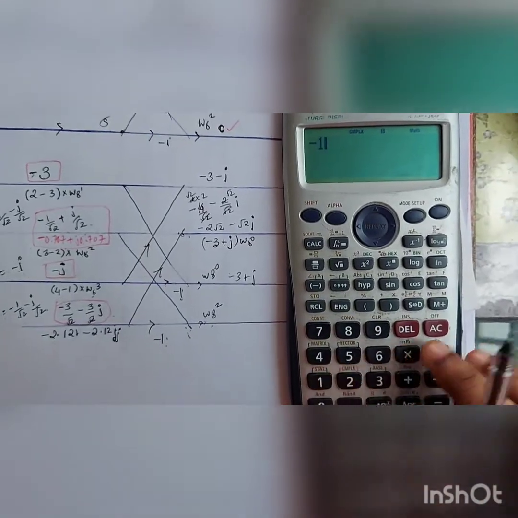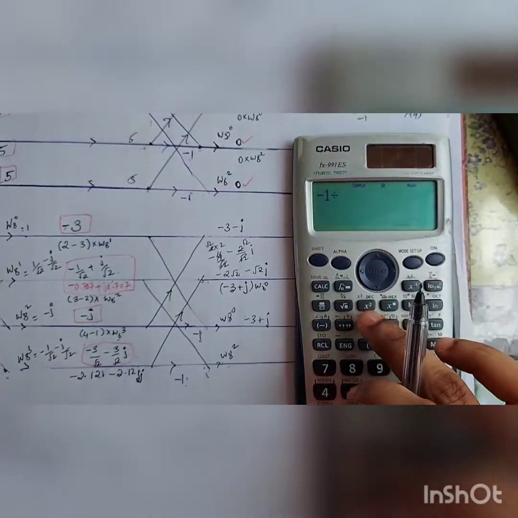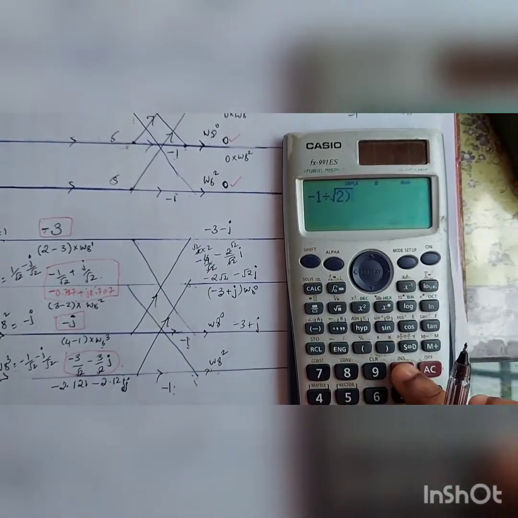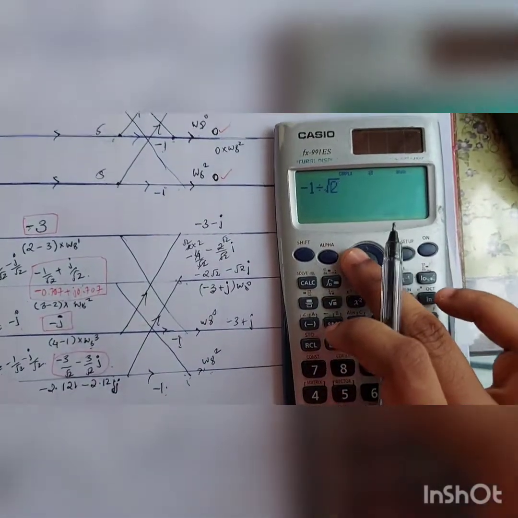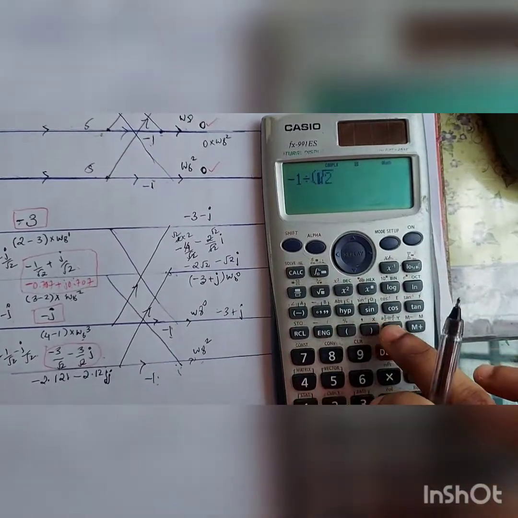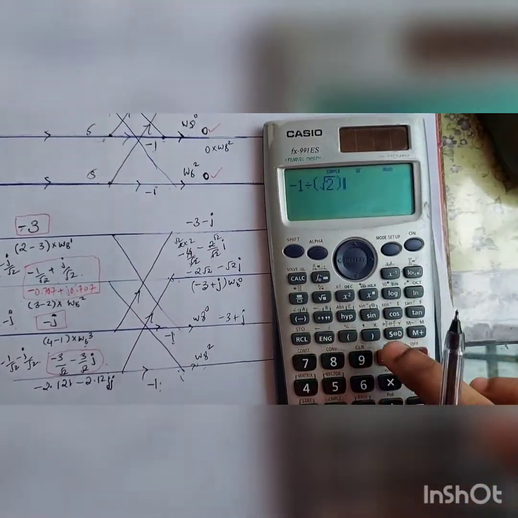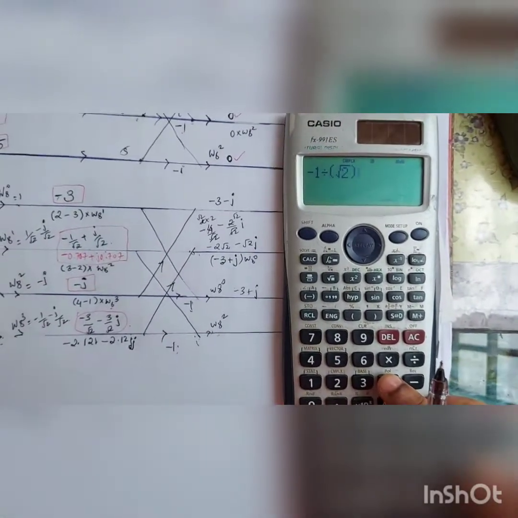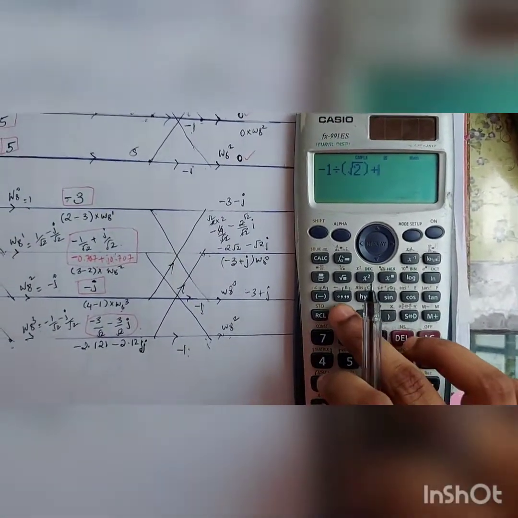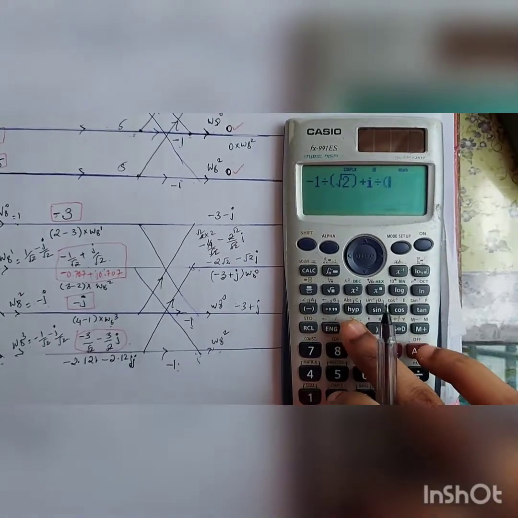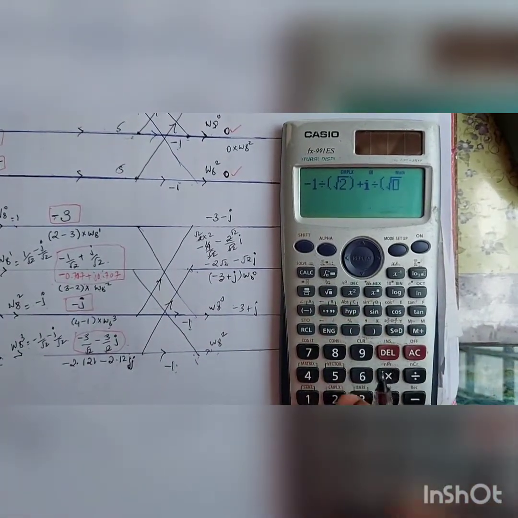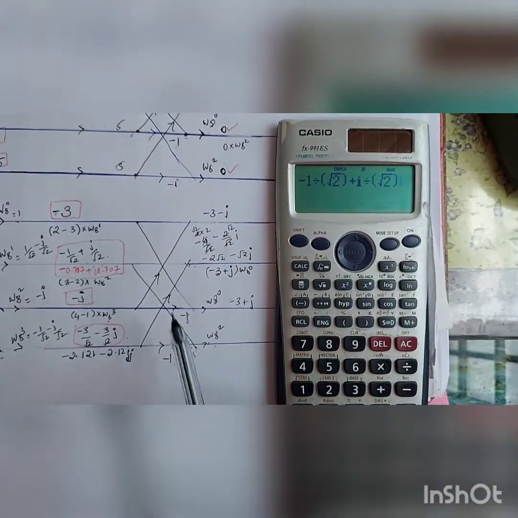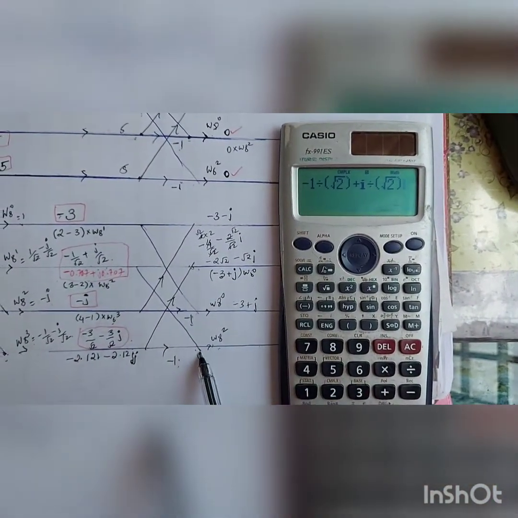Minus 1 divided by square root of 2. Make sure you put the bracket properly. Actually, even if you don't put the bracket, it's fine. Just for your reference: minus 1 by root 2 plus j by root 2 comes here.